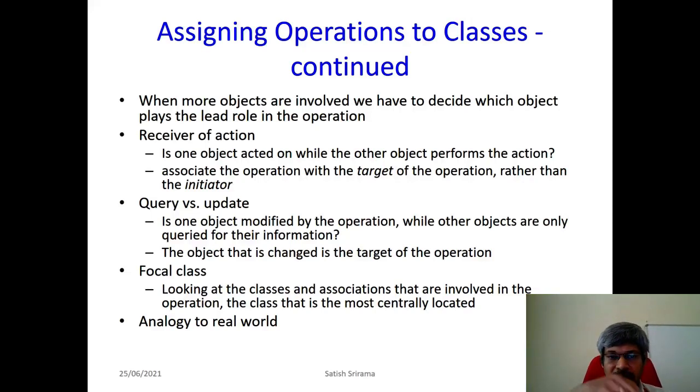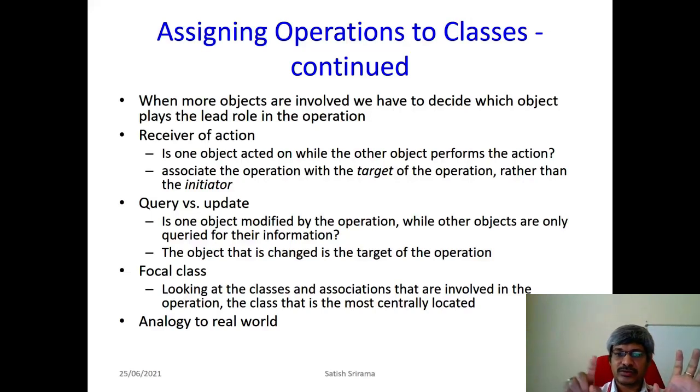Let me discuss certain cases where you will decide where to put that particular operation, in which class you will put it. Think about the case of the receiver of the action. You have to ask the question: is one object acted on while the other object performs the action? Say object one is performing an action, and object two is the one which is acted on.